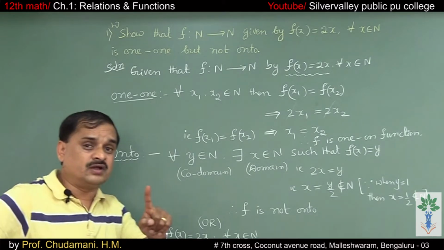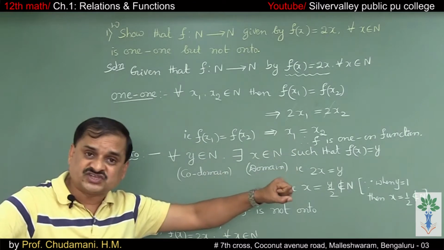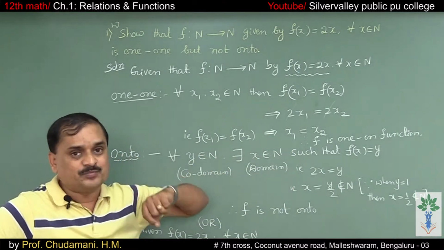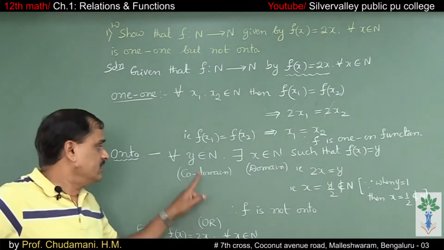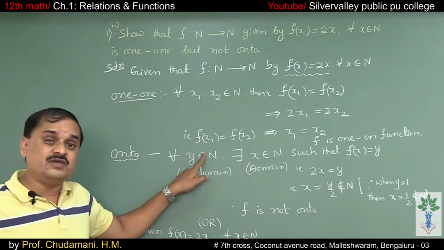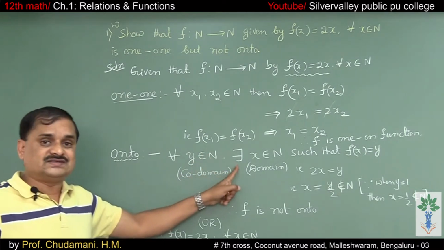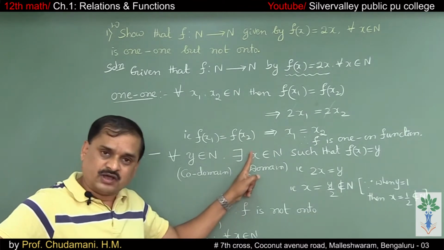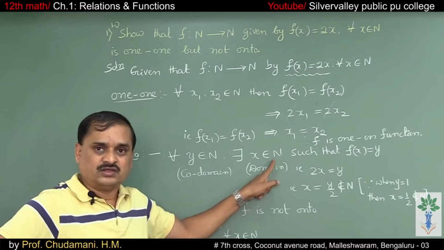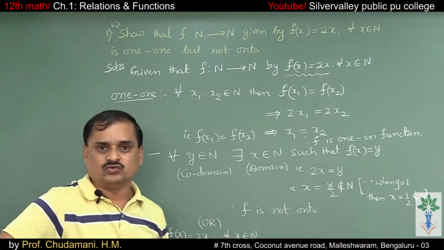Let us verify onto function. What do we mean by onto? Recollect the definition: for every element of the set B, there exists at least one pre-image in set A. For all y belonging to the codomain, the codomain is N here, there exists an element x belonging to the set A, here A is also natural numbers, the domain, such that f of x is equal to y.